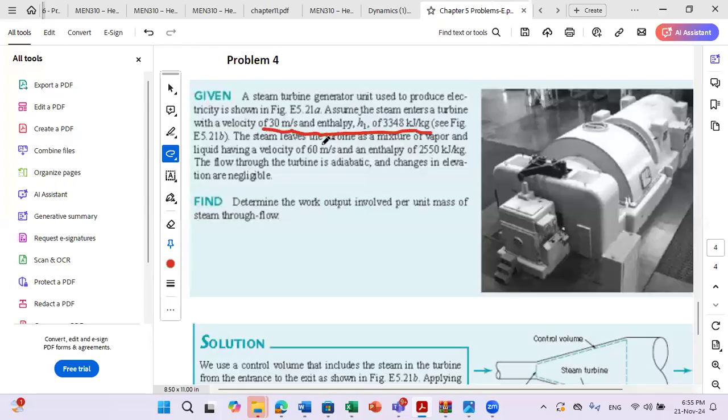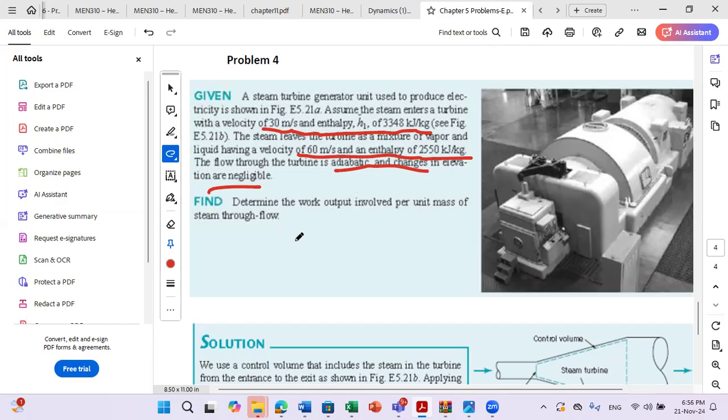The steam leaves the turbine as a mixture of vapor and liquid, having a velocity of 60 meters per second and an enthalpy of 2,550 kilojoule per kilogram. The flow through the turbine is adiabatic, and changes in elevation are negligible. Determine the work output per unit mass of steam through your turbine.